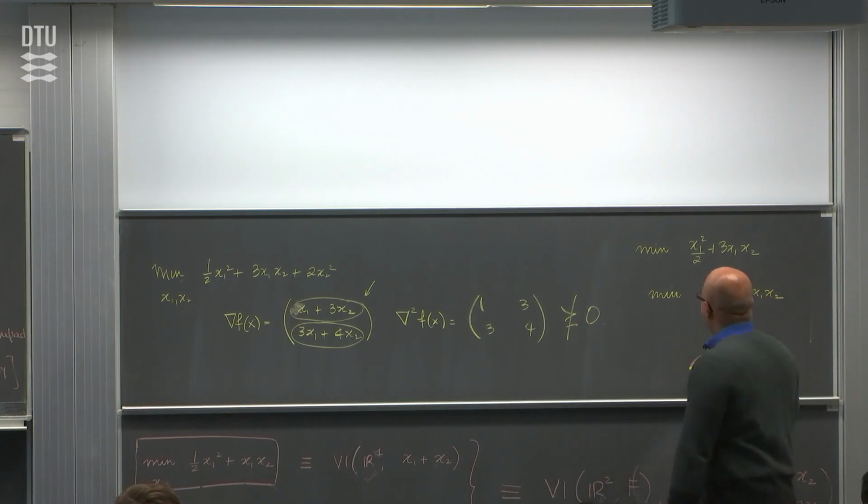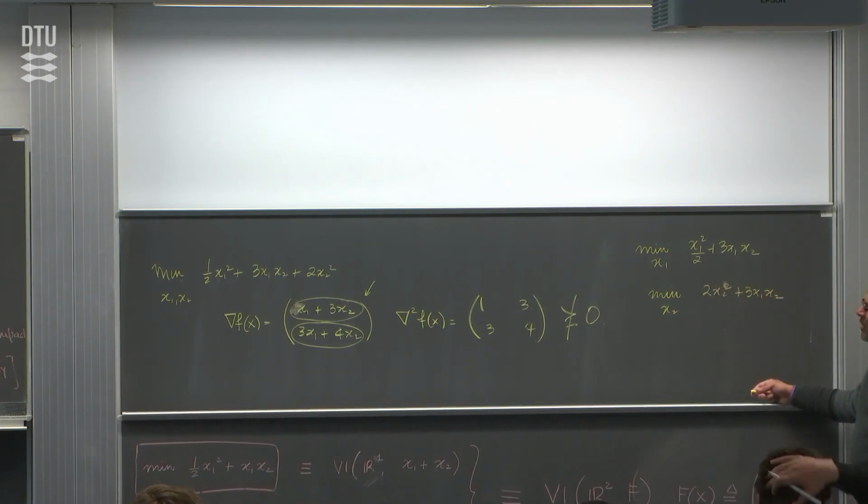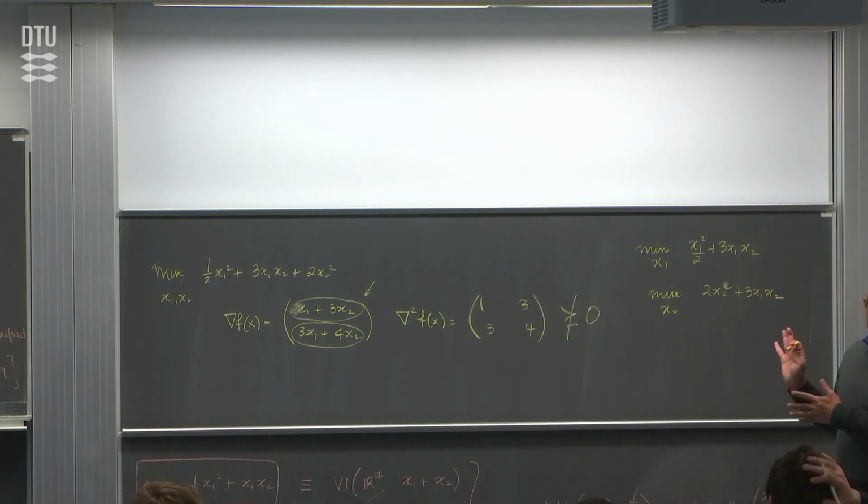Look, an equilibrium of this game. Now you might say, that's weird. You had a non-convex problem, but now you have a convex Nash game.